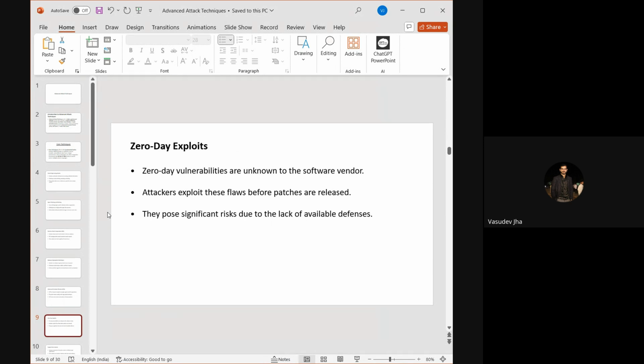Then we have zero-day exploitation. Now, zero-day exploitation is something that every organization usually faces as an issue. In zero-day exploitation, suppose some vulnerabilities are there. Now, the vendor of the software, or the organization creating the software, also doesn't have any update for the vulnerability. For example, we all are using WhatsApp.